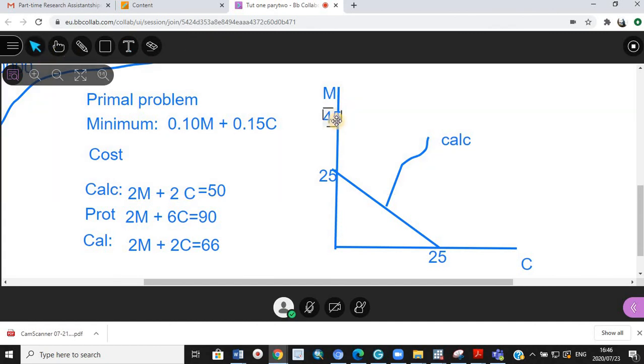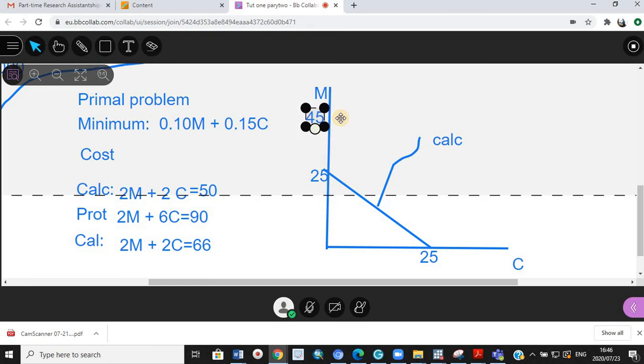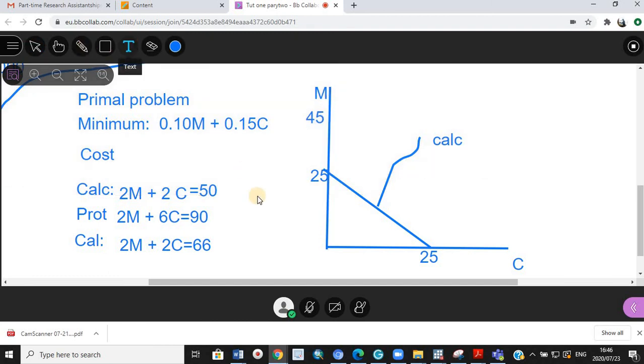And just do this. 45. All right. If M is 0, 90 divided by 6, this should be 15, somewhere around here.